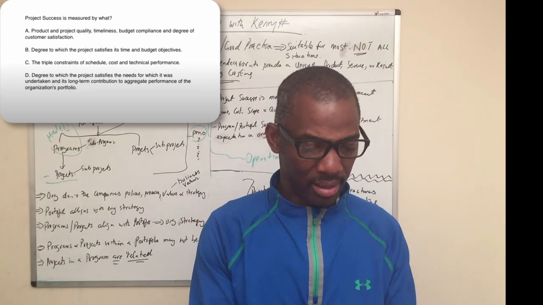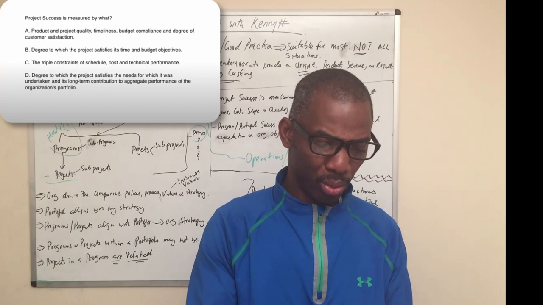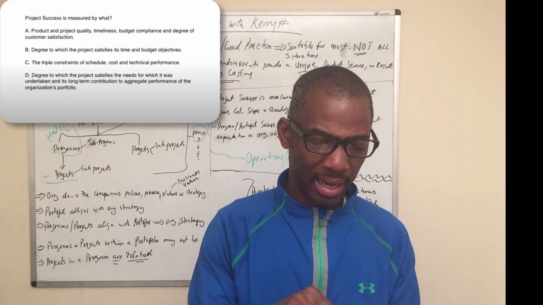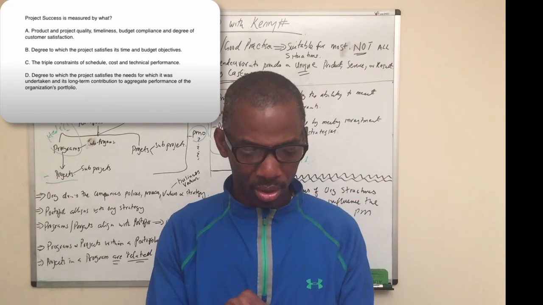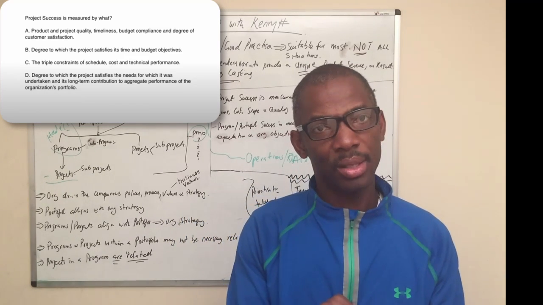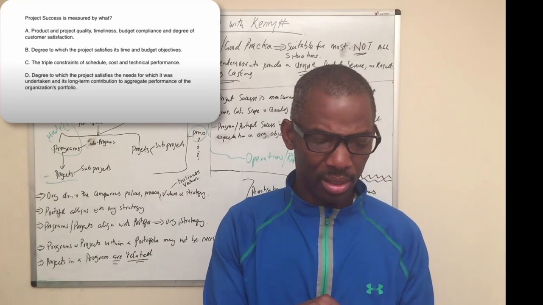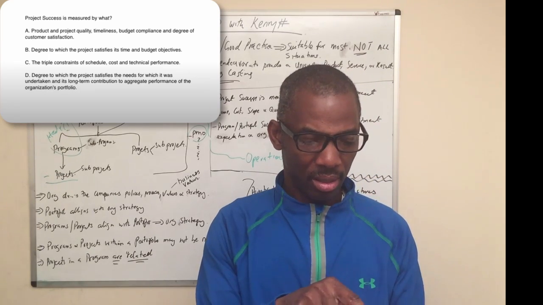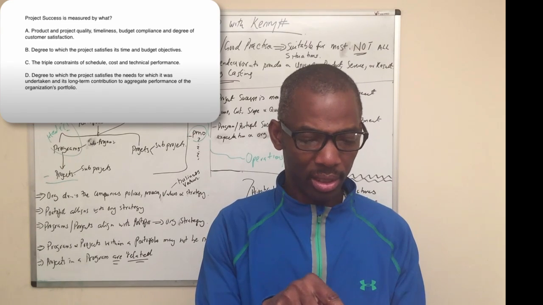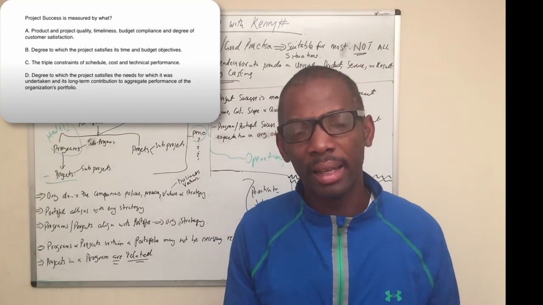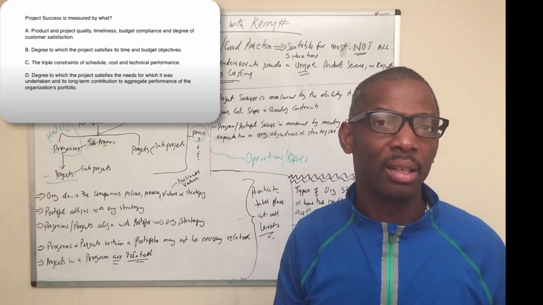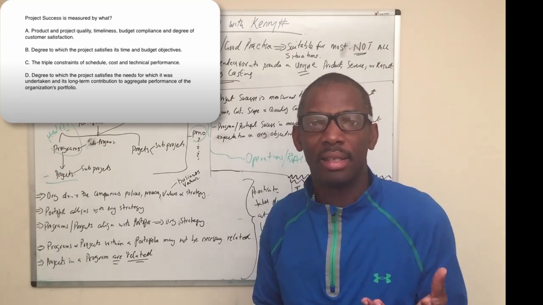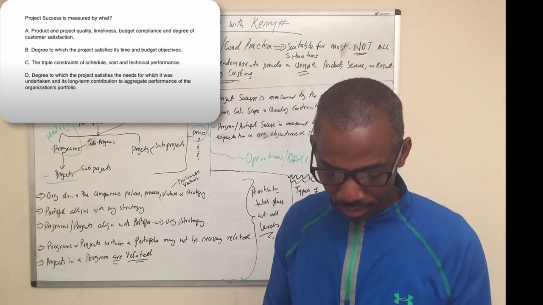D, degree to which the project satisfies the needs for which it is undertaken and its long-term contribution to aggregate performance of the organizational portfolio. C, the triple constraints of schedule, cost, and technical performance. Under pressure, it's easy for you to go for the quick one. So let's talk through each one specifically and see where we can come up with an answer.